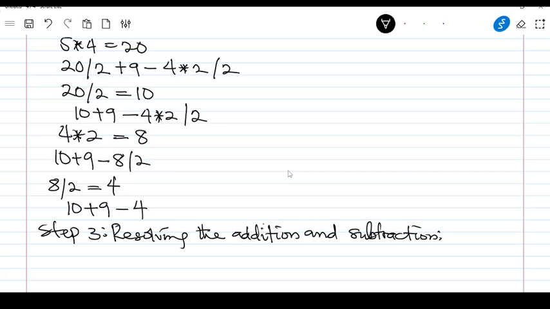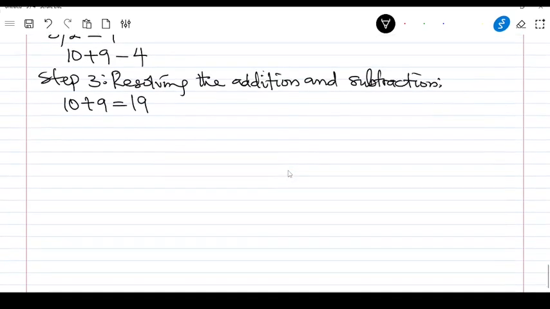Okay, so 10 plus 9 first is going to be equal to 19. So our expression now becomes 19 minus 4, and 19 minus 4 is equal to 15. So our answer to the question is 15.